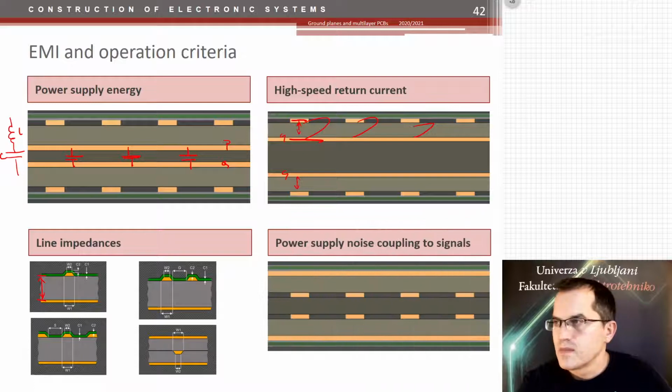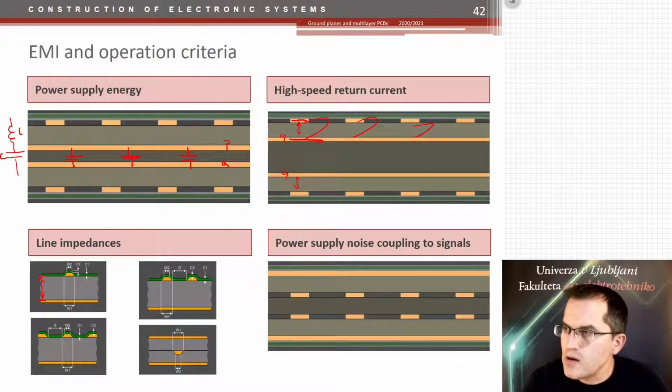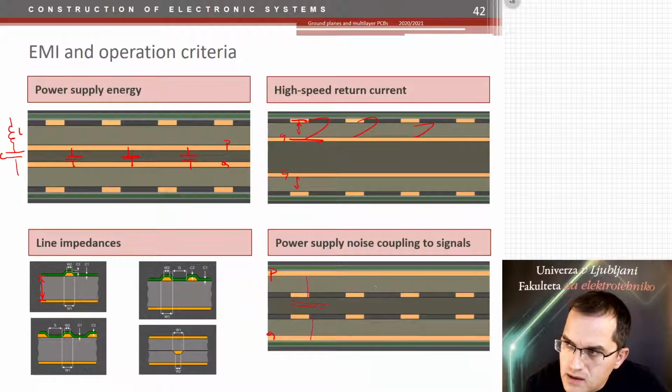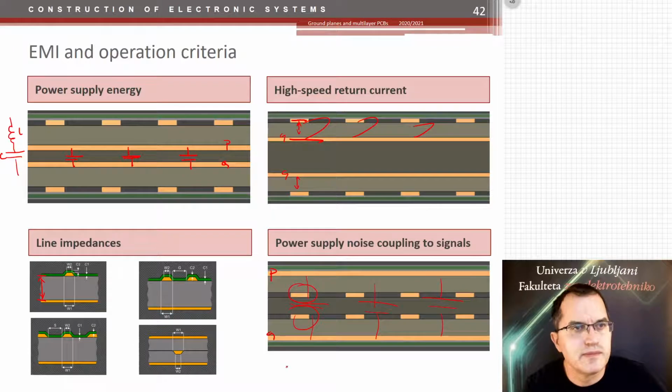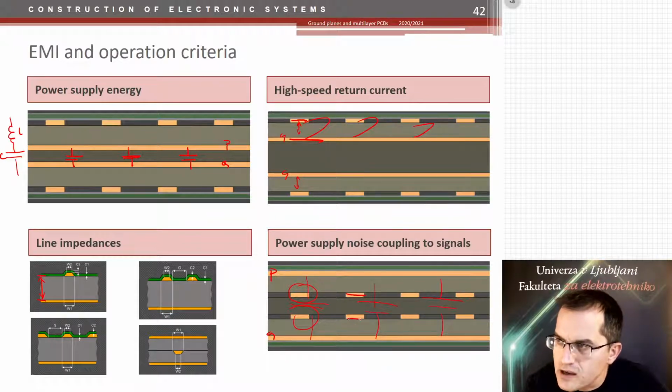What else? The power supply noise. If you have a power and ground plane like that, then the noise within this capacitor that is formed by it is then transferred to tracks. And if these tracks are next to each other, like here, one has field towards this, let's say ground plane, the other has also field towards this ground plane.